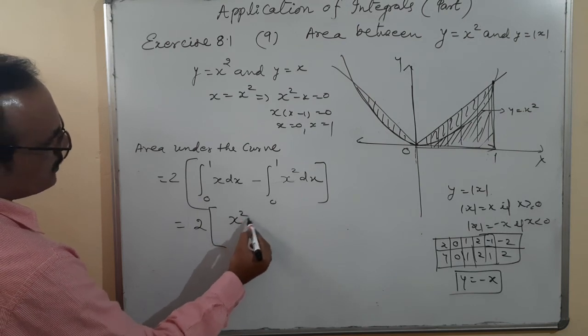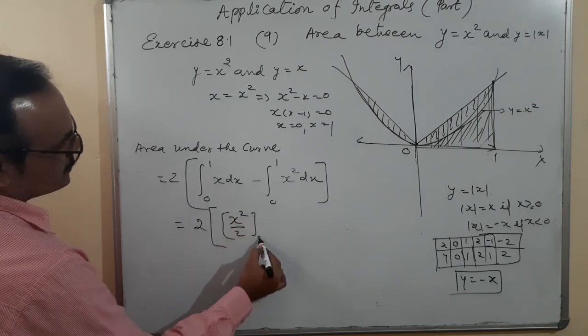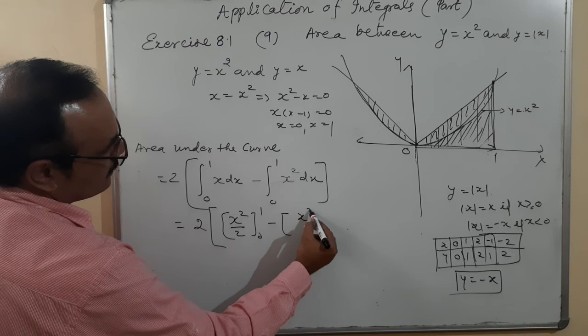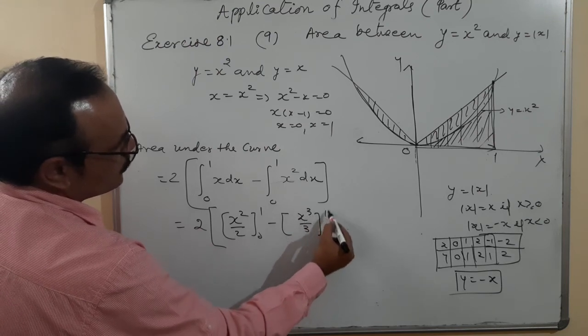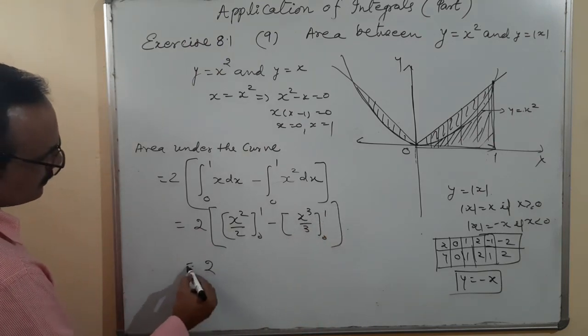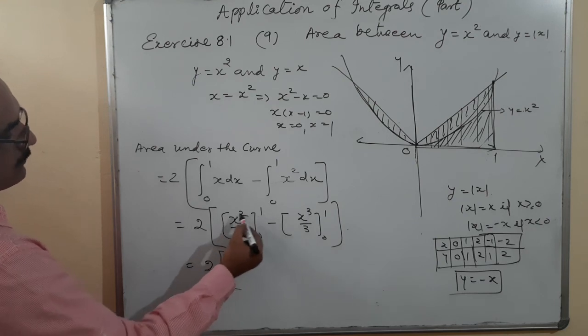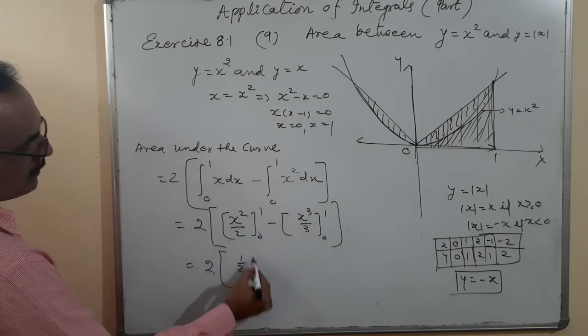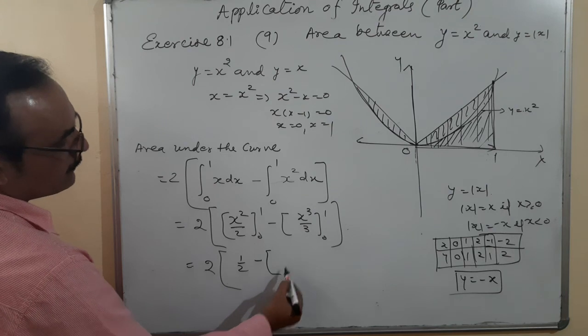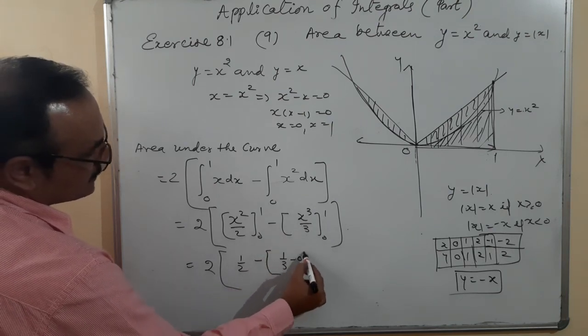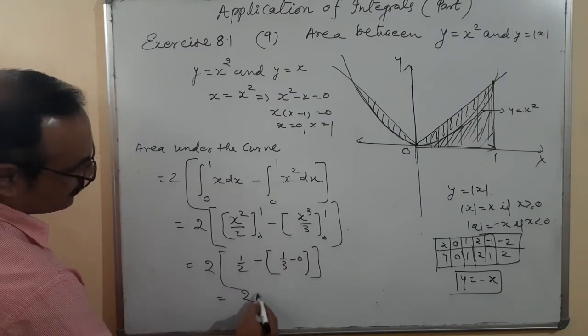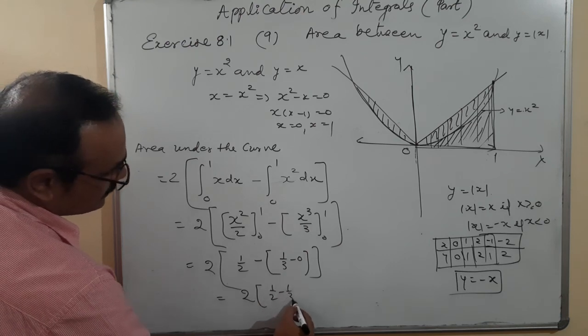Integration of this: x square upon 2, limit 0 to 1, minus x cube upon 3, limit 0 to 1. Outside 2, we put upper limit 1 by 2 minus 0, minus 1 by 3 minus 0. So it is 2 times 1 by 2 minus 1 by 3.